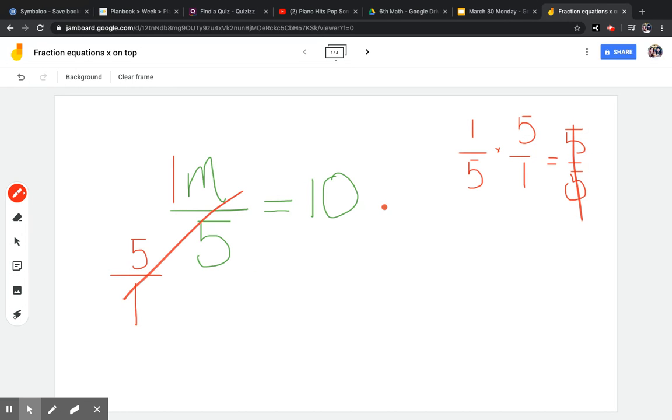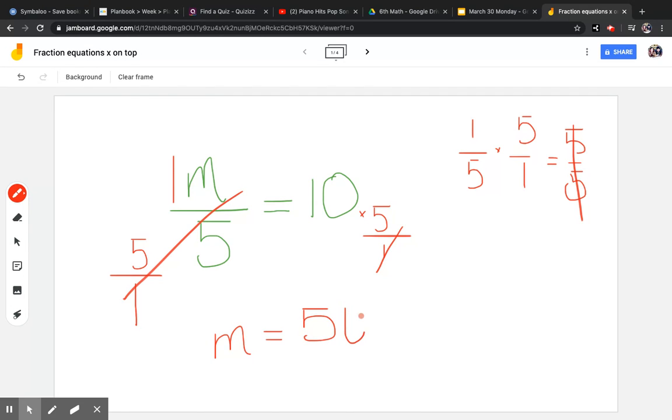So if I do that on this side, I need to multiply this side times 5 over 1. Okay, and 5 over 1, you guys should already know, is just a plain old 5. So I'm going to multiply 10 times 5. All I have left on this side of the equal sign is m. The other side of the equal sign is 10 times 5, which is 50.